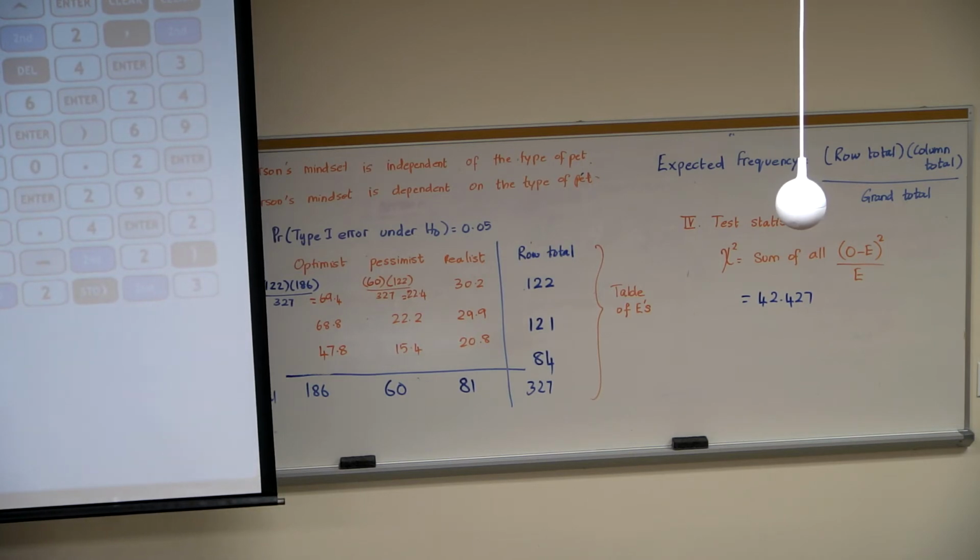So don't pick the average, it has to be the sum. So it's 42.427.